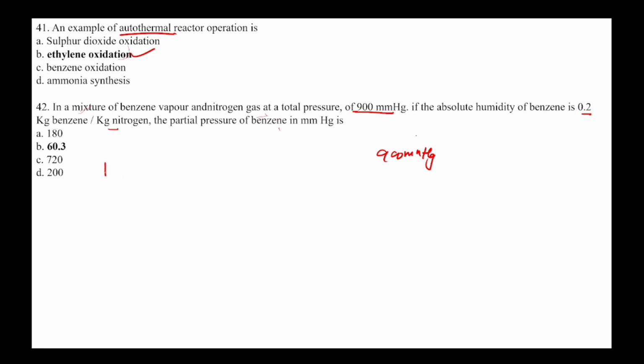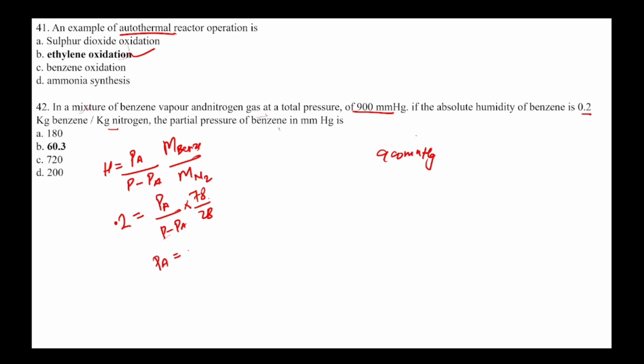We know that H is equal to Pa upon P minus Pa, into M benzene divided by M nitrogen. So 0.2 is equal to Pa over P minus Pa, into 78 upon 28. When you solve from here, you will get Pa equal to 60.28, about 60.3 mmHg.